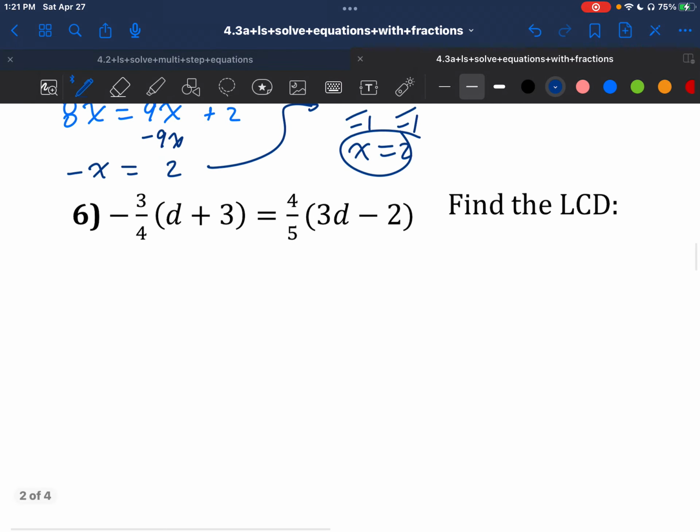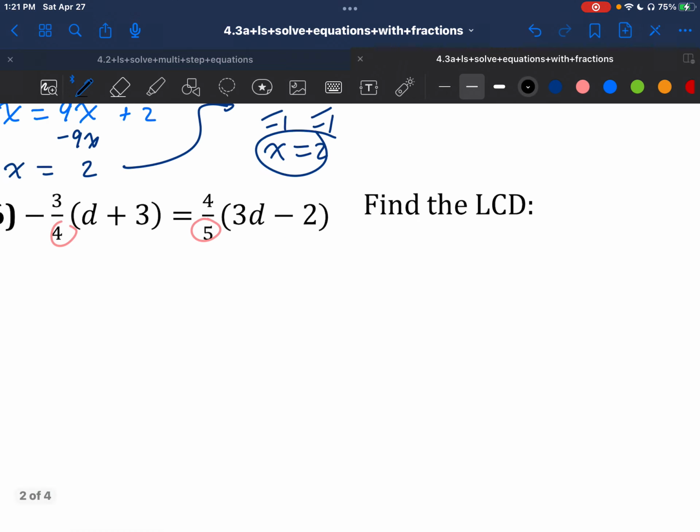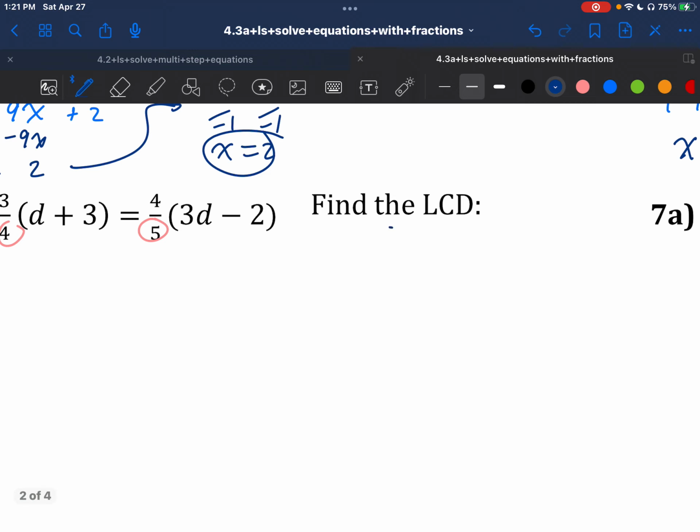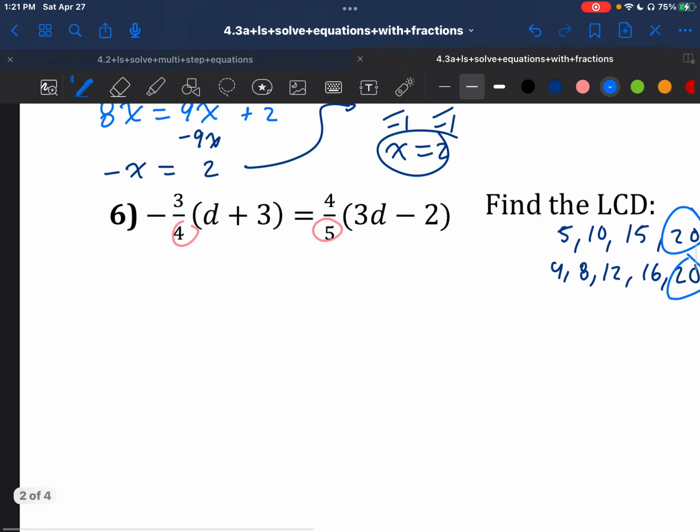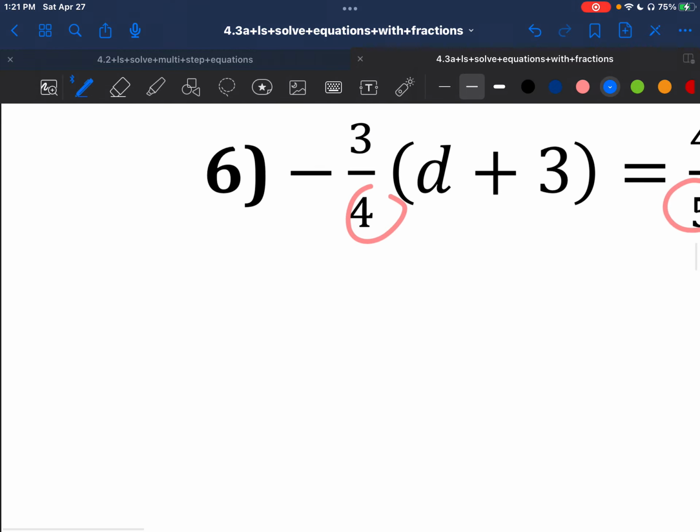So let's find the lowest common denominator of these numbers. I have a feeling it might be 20, but we're going to check. So 5, 10, 15, 20, 4, 8, 12, 16, 20. Yep, 20 matches up. So let's put a 20 into there.